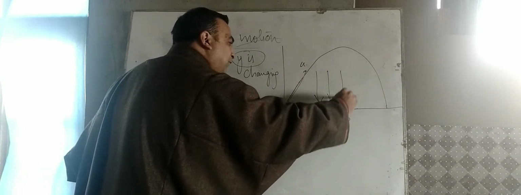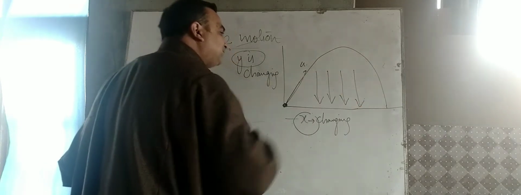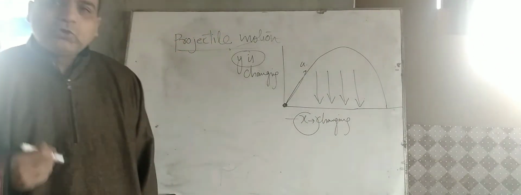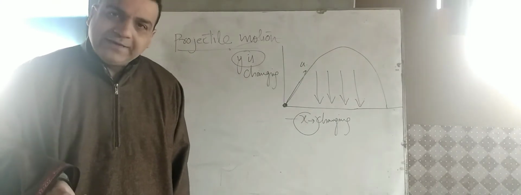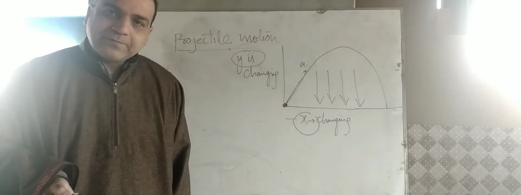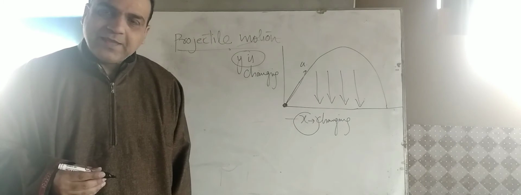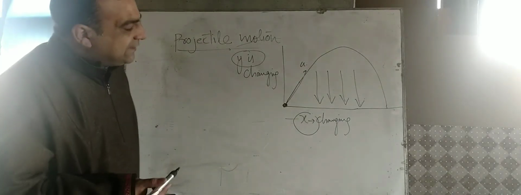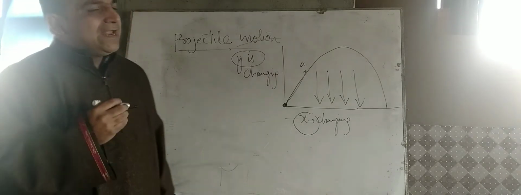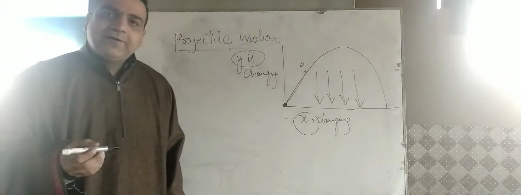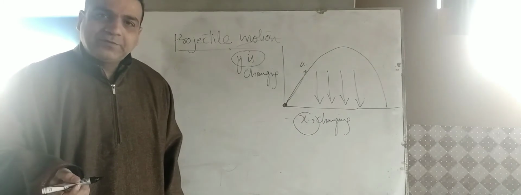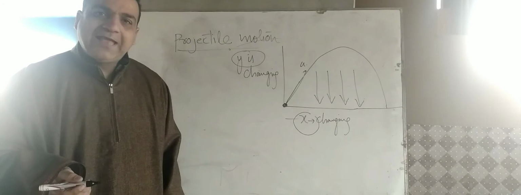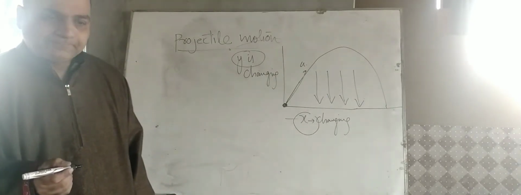There is no other force acting on this body. If a body is thrown in space with respect to Earth, and it moves in space only under the influence of the gravity of the Earth, we call this motion projectile motion.